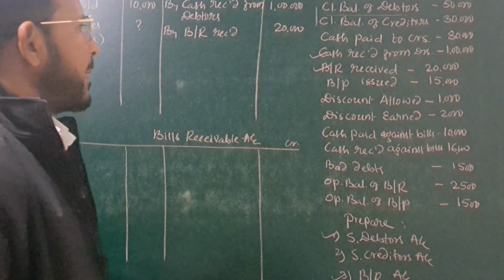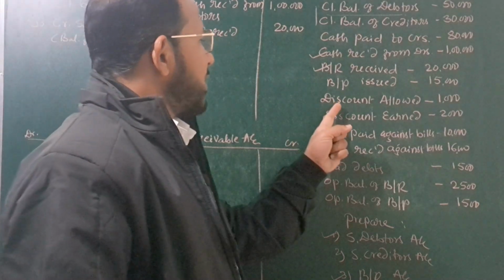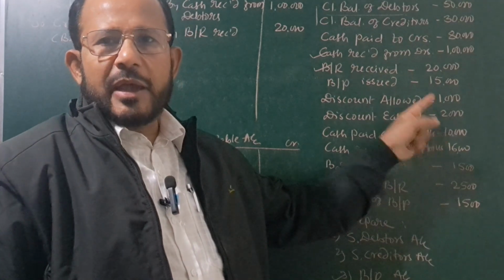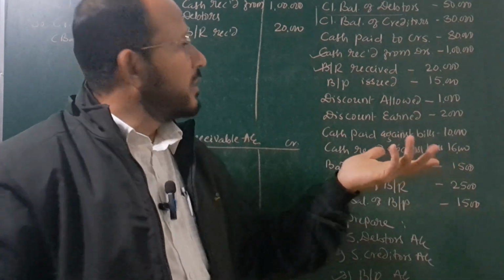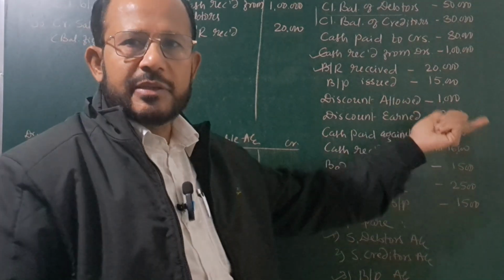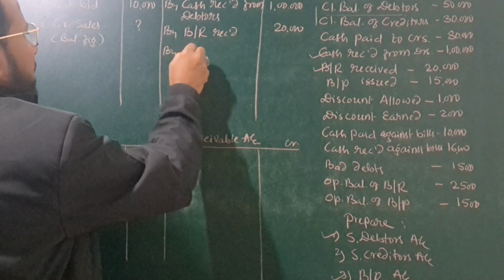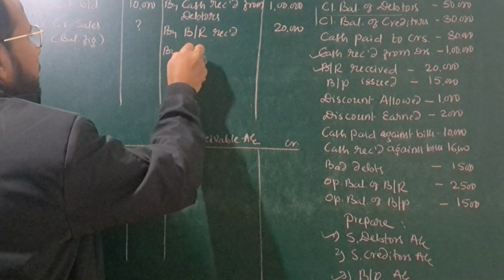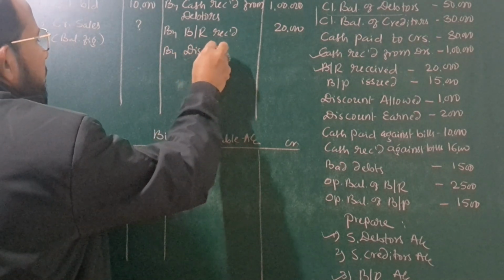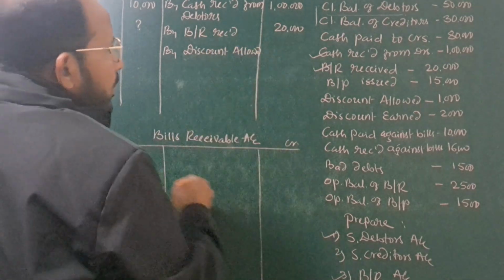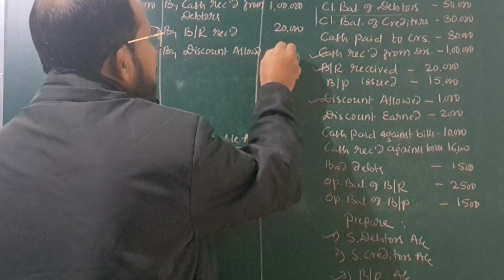Next one is here discount allowed is given. Discount allowed by us to our debtors. That is why here rupees 1000 is a loss. Hence that is to be credited here by discount allowed, what is the amount? Rupees 1000.